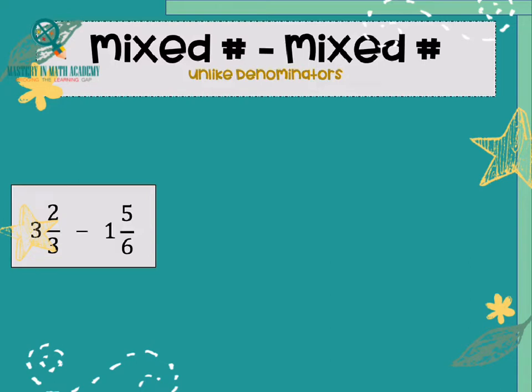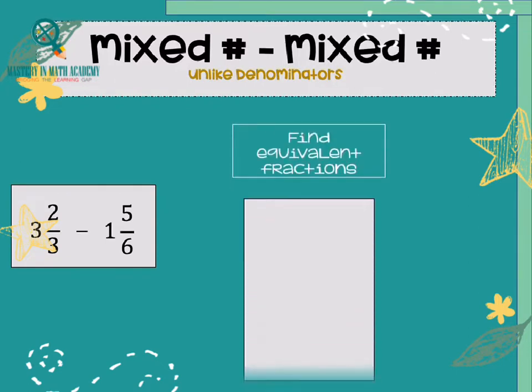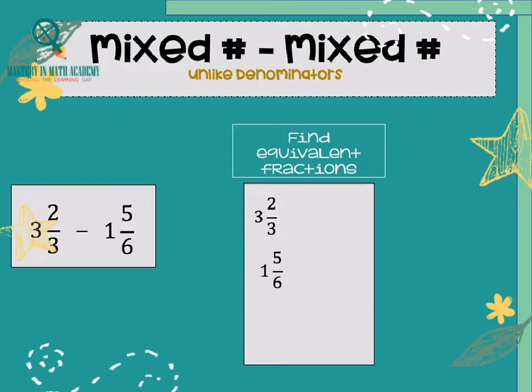Because if your denominators are different, we want to make sure that we find equivalent fractions of them. And we already know how to find equivalent fractions. We find the multiples of our denominators and look at the least number that they share, which is why you'll always hear me say LCD. That is your least common denominator.